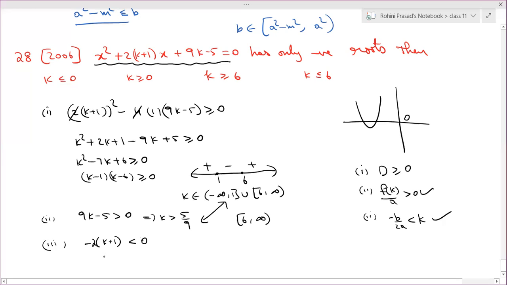So k plus 1 is greater than 0, k greater than minus 1. So all the numbers in 6 to infinity are greater than minus 1. So nothing is removed from this due to the extra condition. So the final answer stays as 6 to infinity, k greater than or equal to 6.